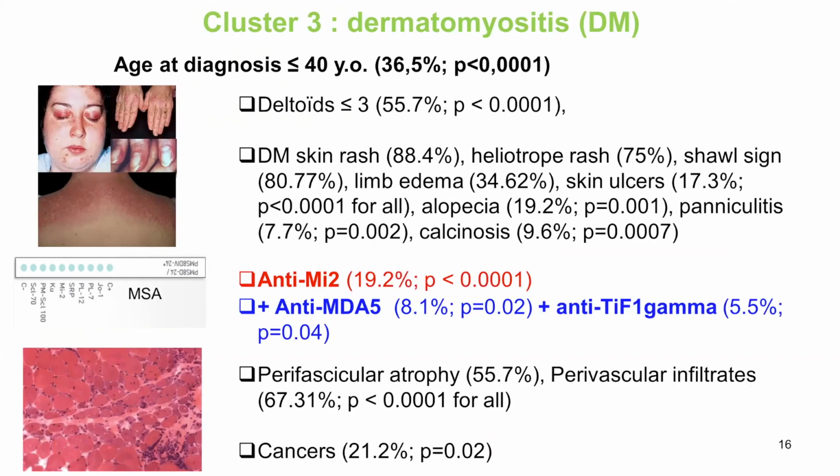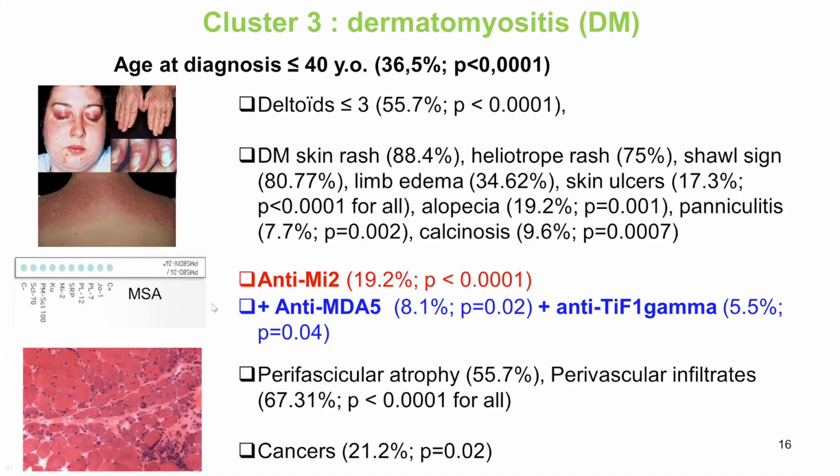The third cluster is the one of dermatomyositis with young patients. This time, the weaker muscles are the deltoids, and here you have all the skin rash, which is the heliotrope rash, as you can see here, the shawl sign, edema, skin ulcers, Gottron hands, Gottron papules, calcinosis, and so on and so forth.